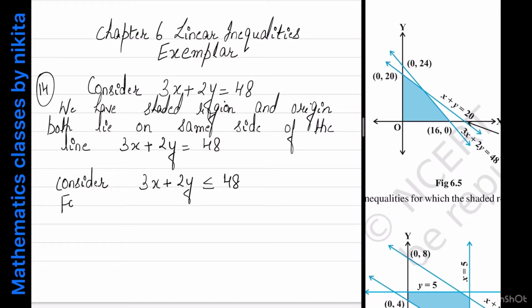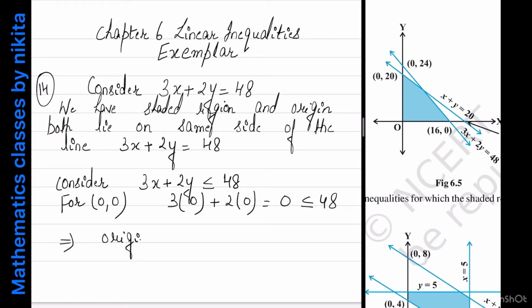So let's see whether origin lies here. For (0, 0) we have 3 into 0 plus 2 into 0, which is 0, and 0 is always less than or equal to 48. So this implies that origin satisfies this inequality, which is 3x plus 2y less than or equal to 48.